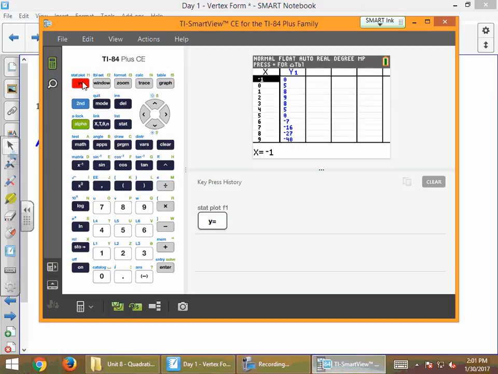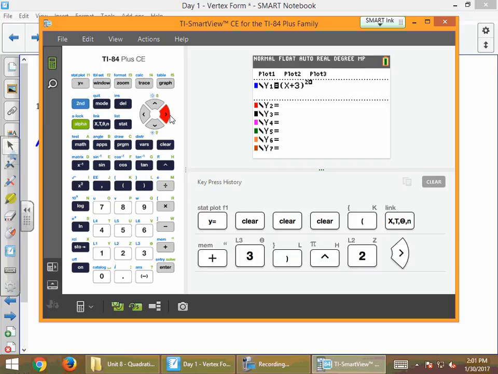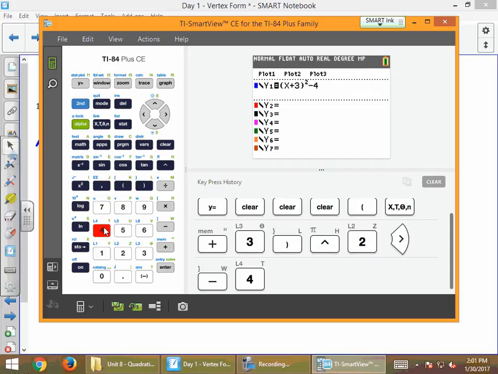So we're going to go to y equals, clear whatever's in there, (x plus 3) squared minus 4. Go to y equals and plug it in. You're going to practice this, so when you come to your quiz and things like that, your test, you know how to use your calculator. I can't answer those questions for you on a test or book.